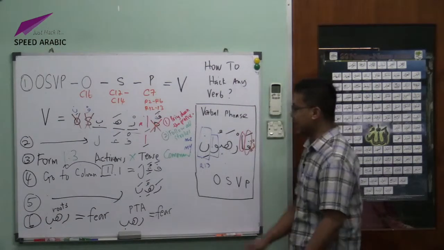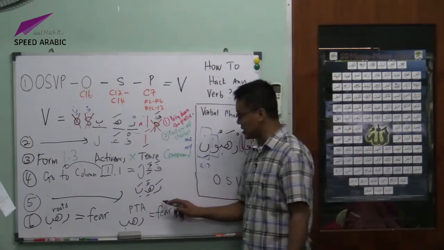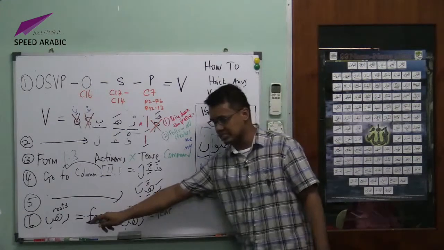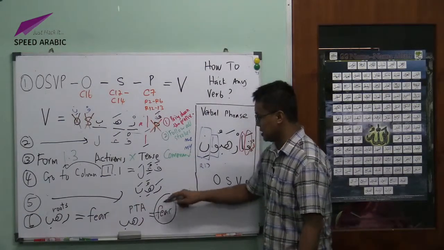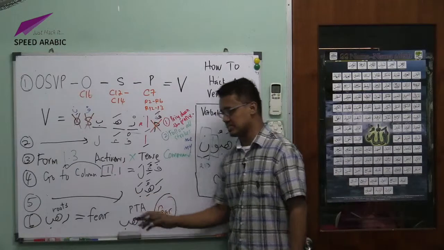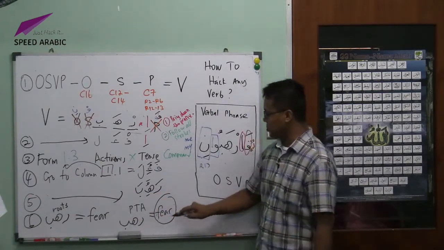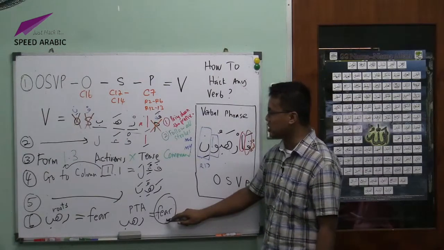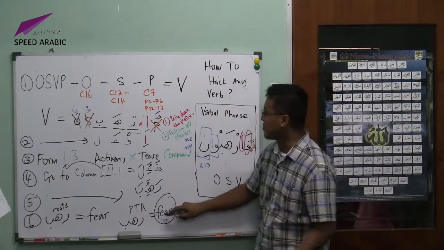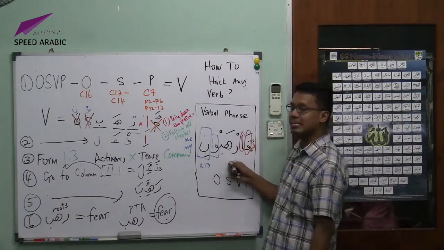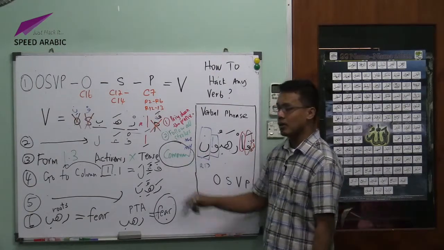Fear. Okay? So now we go to step number 7, which is, you apply this meaning that you have gotten based on PTA, not based on this. Based on this is the same because the PTA is the same. Most usually it will be different. Anyway, you take this one, you apply to the target verb based on the tense. What's the tense? Command.